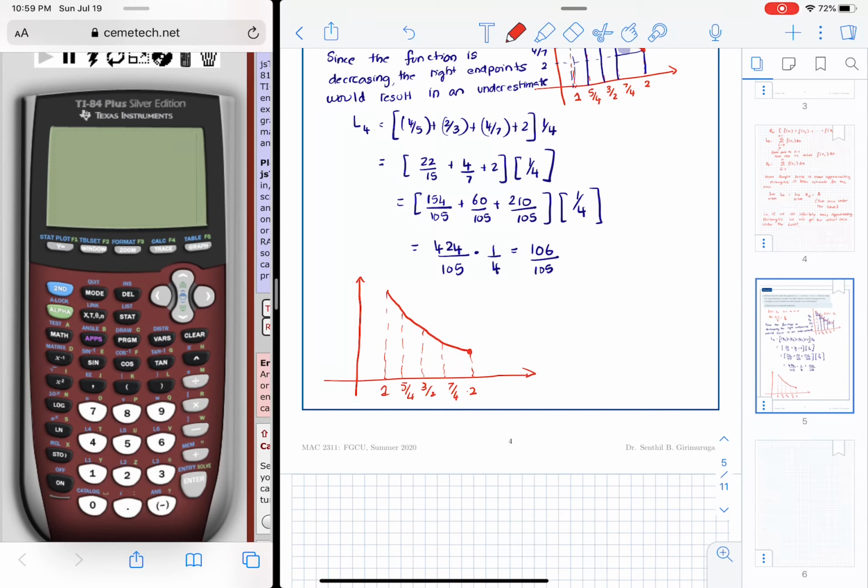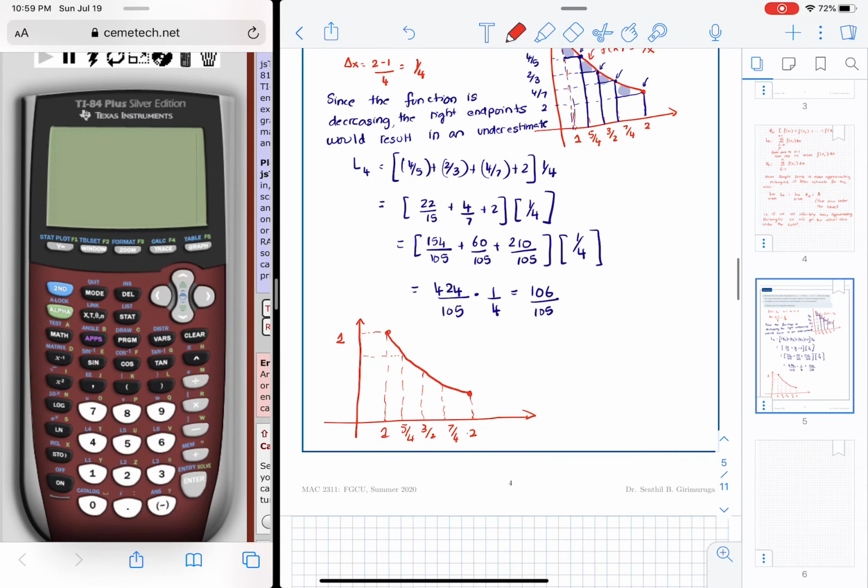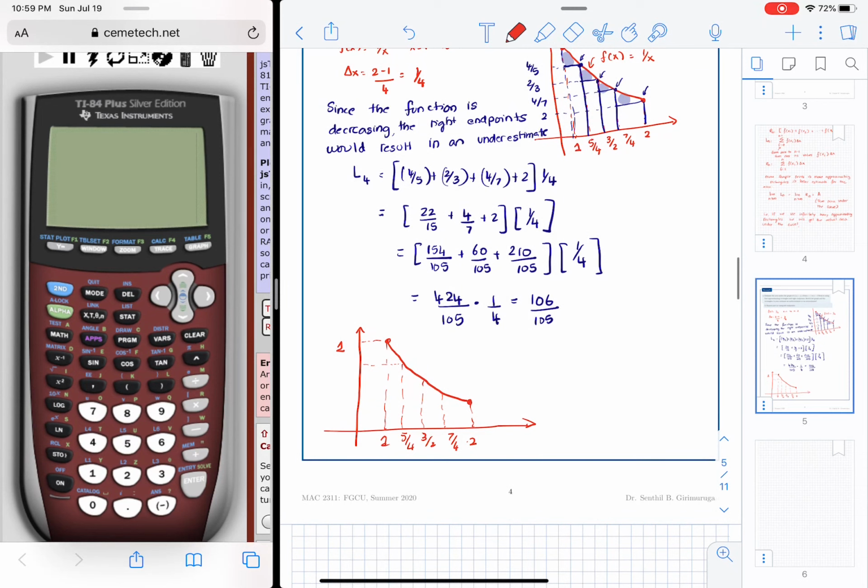And this time, I have to evaluate that value is going to be 1, and that value is going to be 4 over 5. And that is going to be 2 over 3. That is going to be 4 over 7. And that is all.